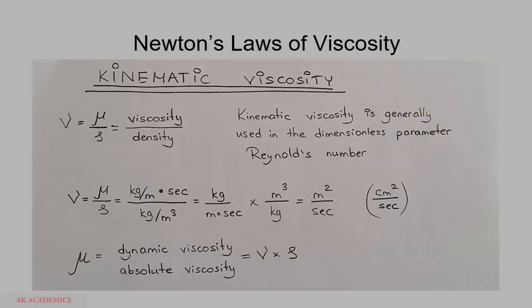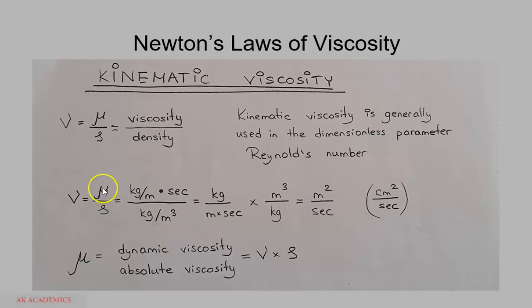Now we'll briefly talk about the kinematic viscosity. The kinematic viscosity is represented with this symbol, and it is usually given as the viscosity we know divided by the density of the material. Kinematic viscosity is generally used in dimensionless parameters, and in this case we take into account the Reynolds number. As you can see, we can have the dimensions of the kinematic viscosity derived as follows.